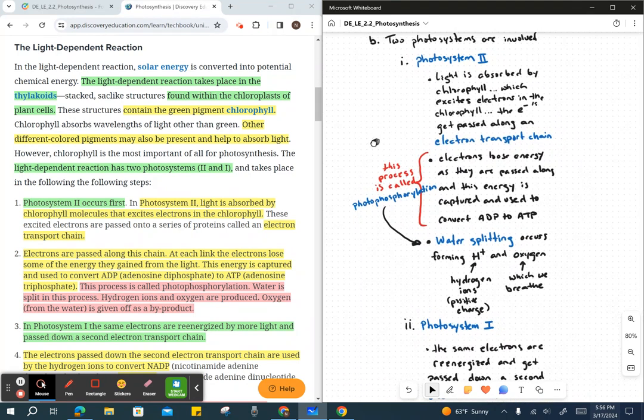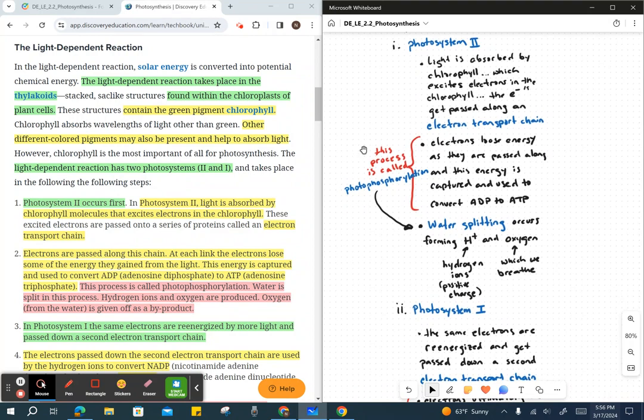In photosystem 2, light is absorbed by the chlorophyll. And if you recall, when you absorb something like a photon of energy from light, that can cause electrons to jump energy levels in their electron shells. If you absorb enough energy, you can actually excite the electron and cause it to just jump out of the orbit. And that's what's happening here.